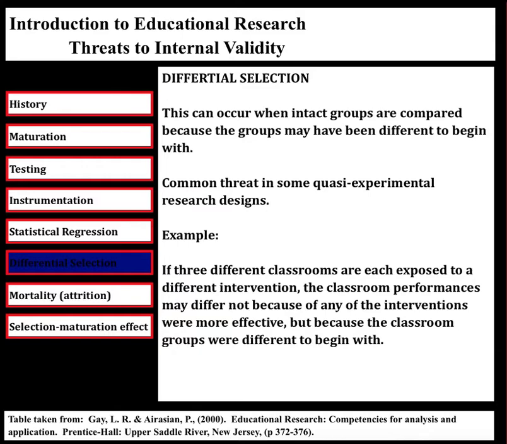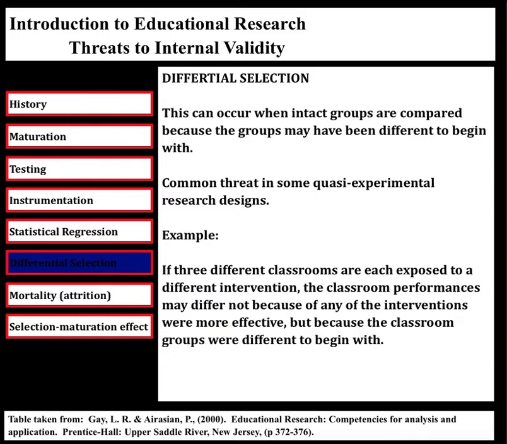You might have one group with a lot of high-functioning students and another group with low-ability students, so the groups are not equal. This can present a differential selection threat. It is very common in quasi-experimental research designs, which you'll hear about later.